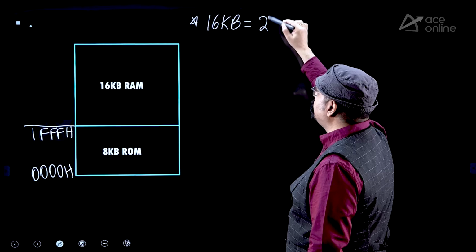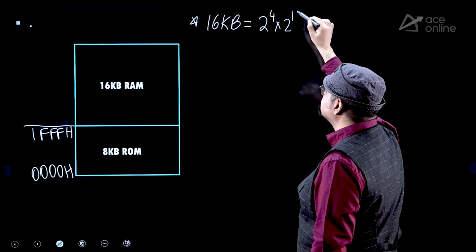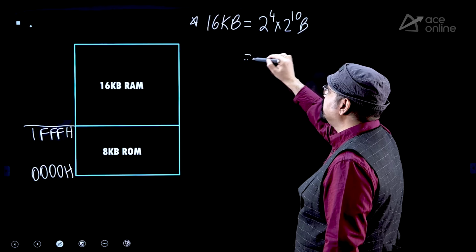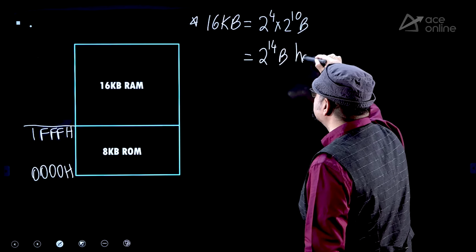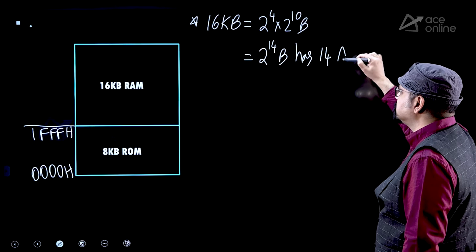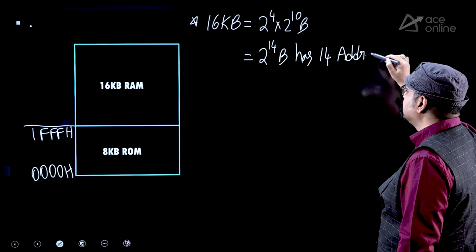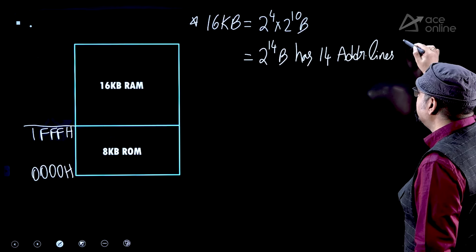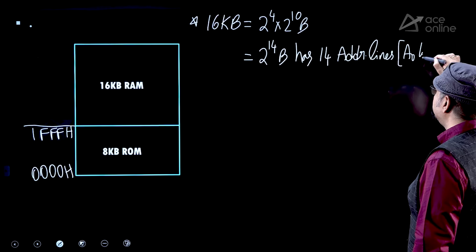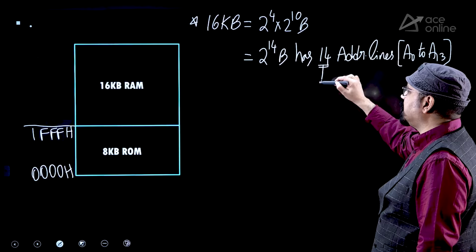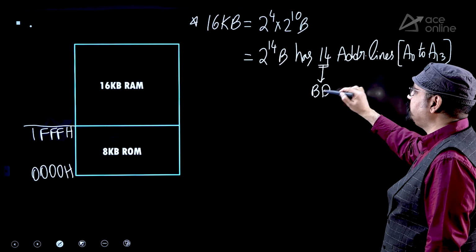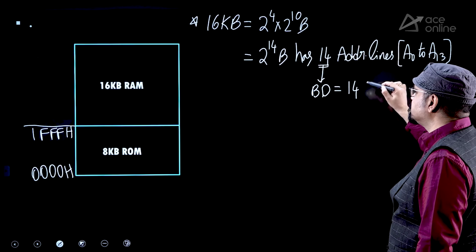16 KB means 2 power 4 by 2 power 10 bytes, right? 2 power 14 byte memory means how many address lines are there? 14 address lines. What are they? A0 to A13. So, as this memory IC has 14 address lines, what is the byte difference of 16 KB? 14 ones.